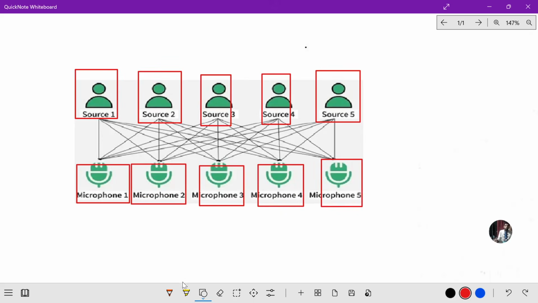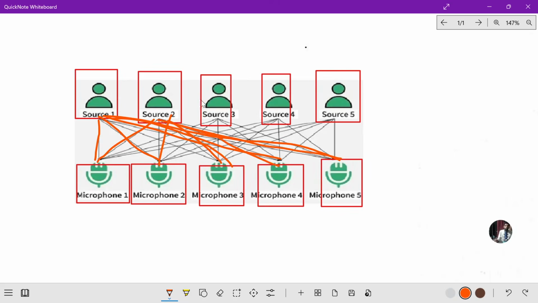If you observe here, when the first person, or source 1, speaks, what is going to happen? It can go to microphone 1, 2, 3, 4, 5.